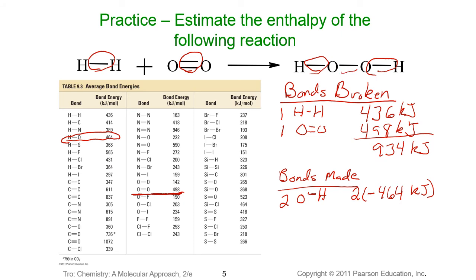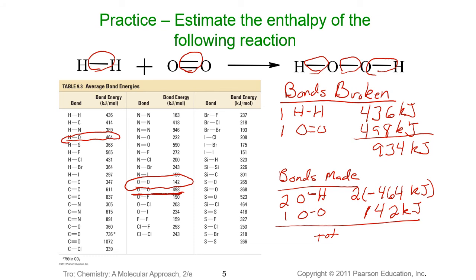And we have 1 oxygen-oxygen single bond, which is negative 142 kilojoules, I apologize. That gives us a total of negative 1070 kilojoules.